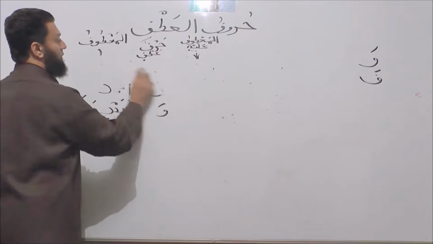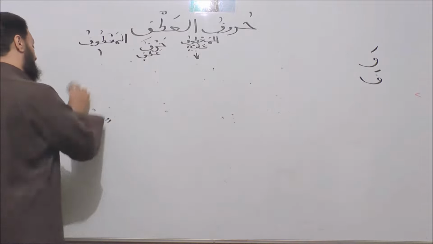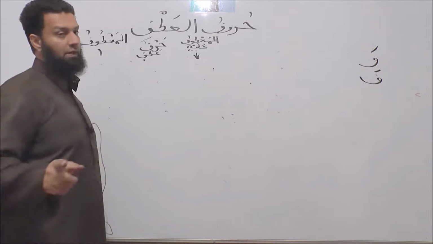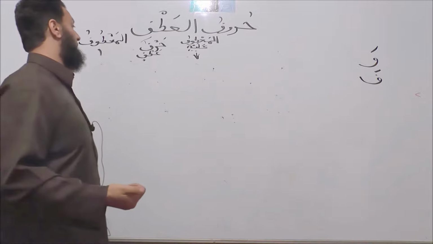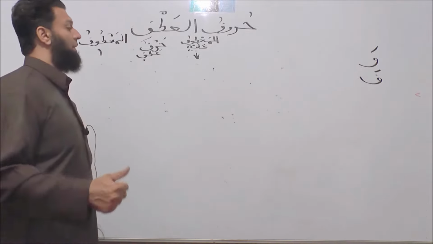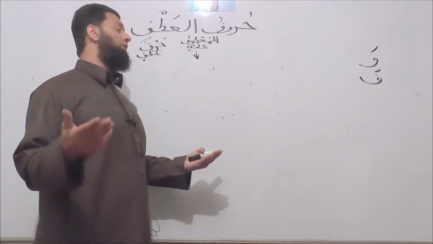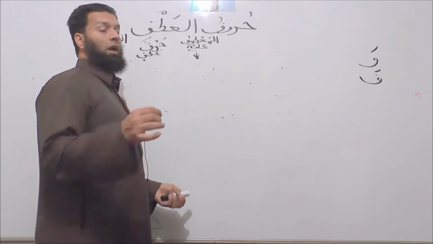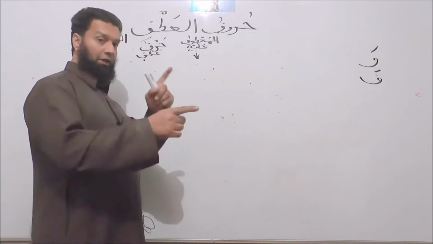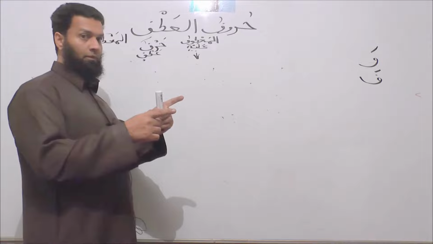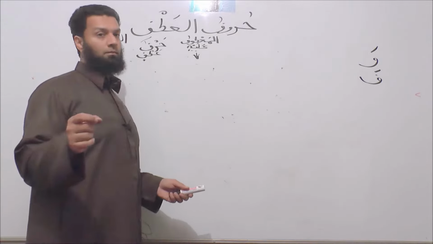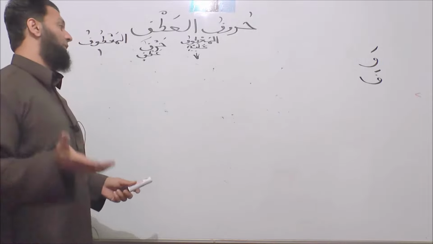Right. Well, its function, again, is as a harfu atfin, which is to connect. Right? So what's the difference between them? Well, the first difference is that fa is related to sequence of events, wherein the time period between the actions is very small. So it's considered to be continuous.